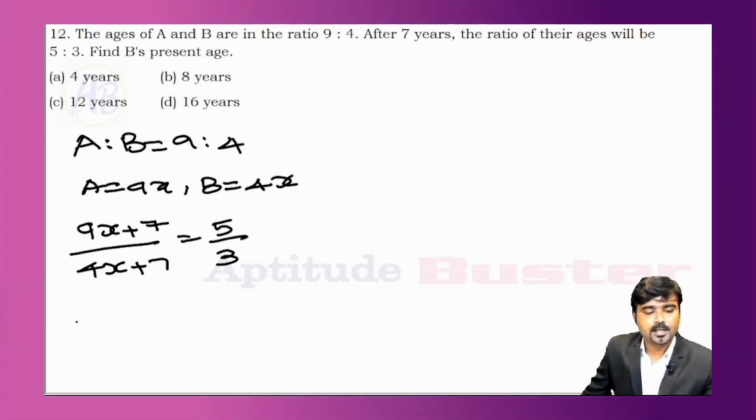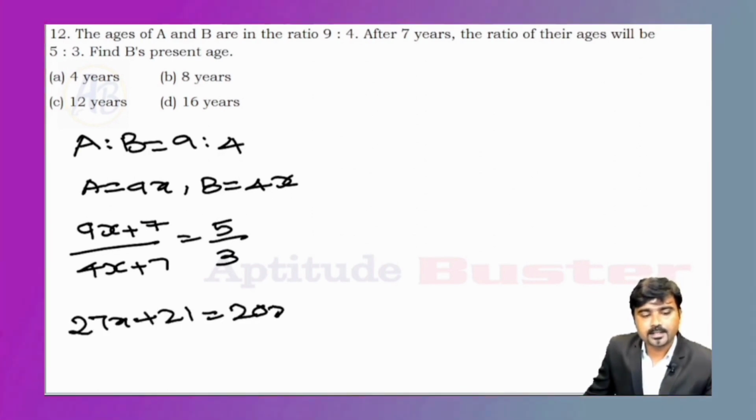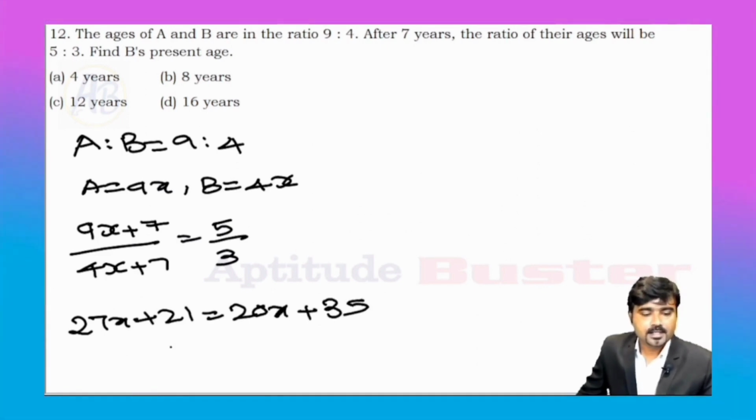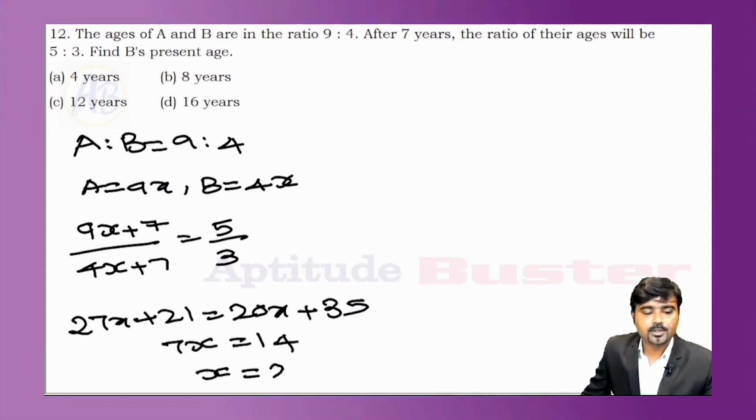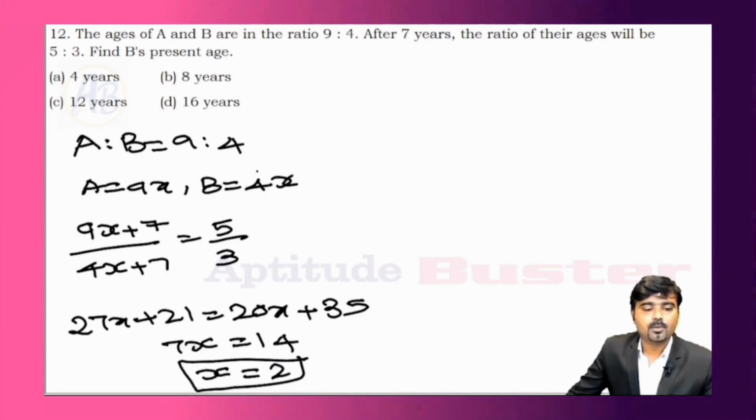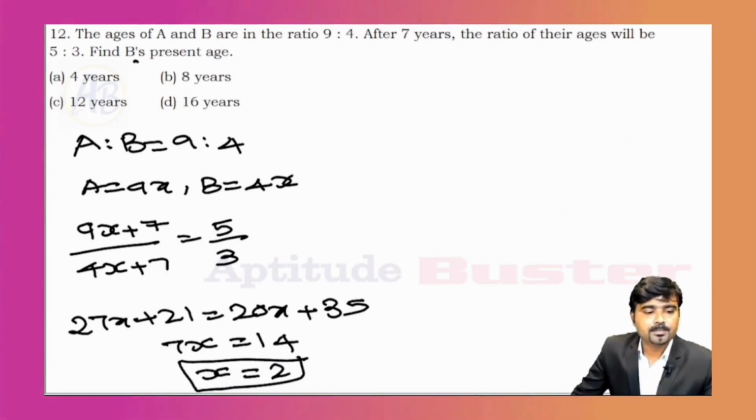Okay, multiply this. 27x plus 21 is equal to 20x plus 35. Right? 7x is equal to 14. What is x? x equal to 2. x equal to 2 means what is the value? B's present age. B is 4x, so 4 into 2, 8 years. Right?